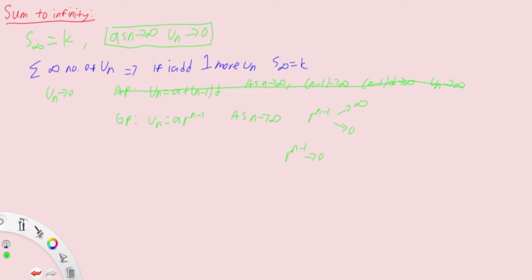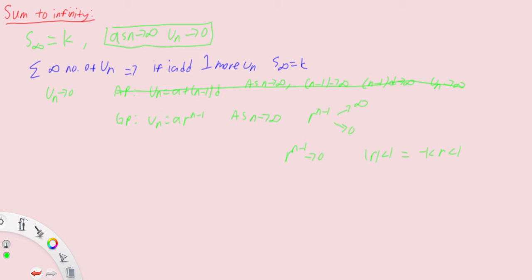For a number to go close to 0 by multiplication, r must be a fraction, between minus 1 and 1, or simply mod r less than 1. Because mod r is less than 1, it's a fraction, and it makes the absolute value of the first term decrease.